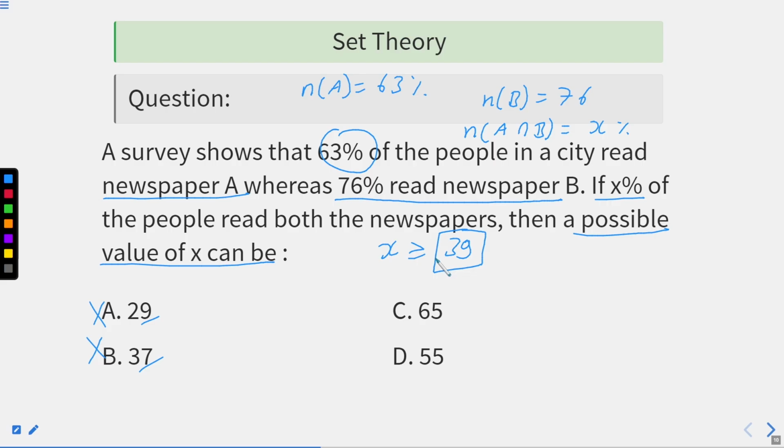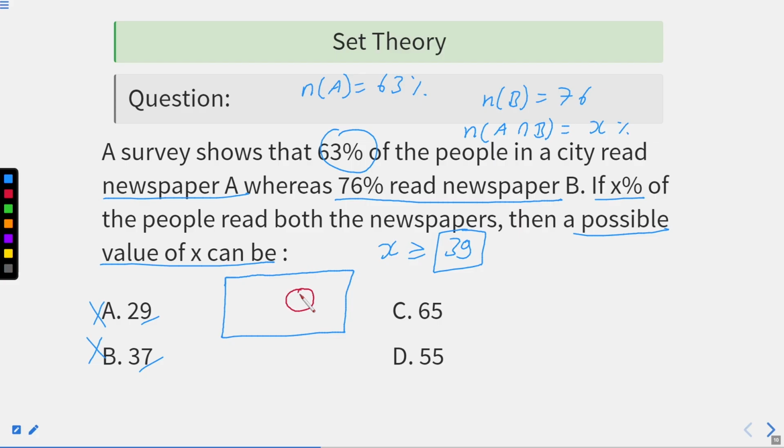So one relation is this. If you draw a Venn diagram, let's draw a Venn diagram. The number of people who read newspaper A is 63%.